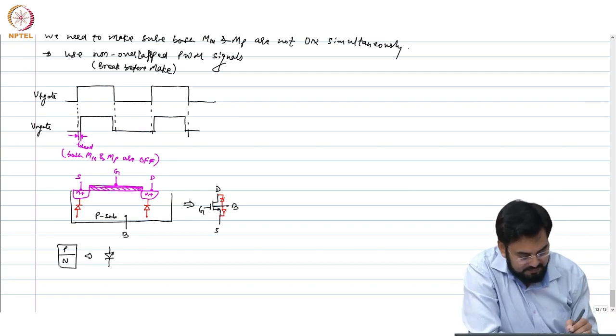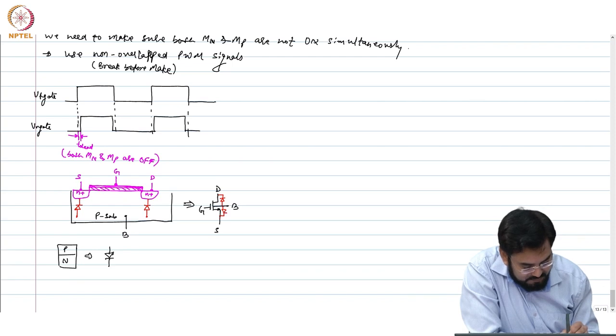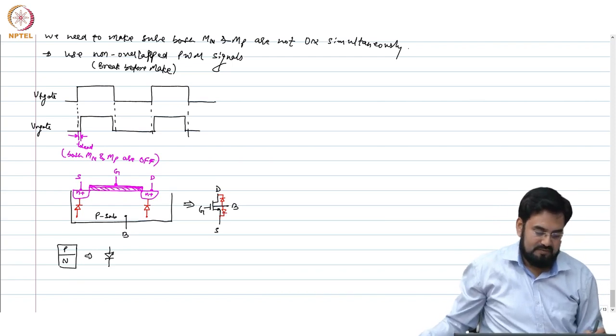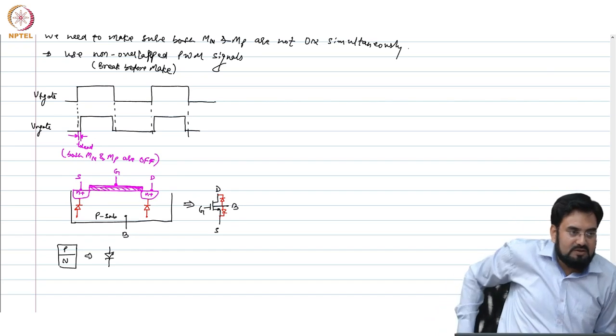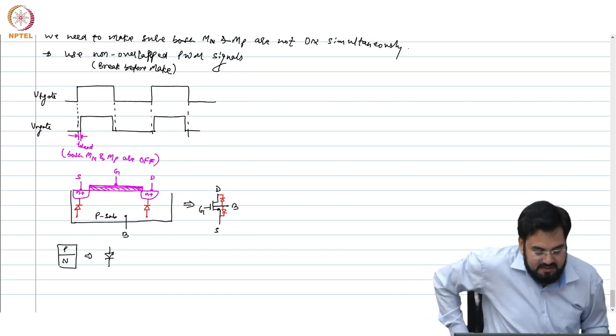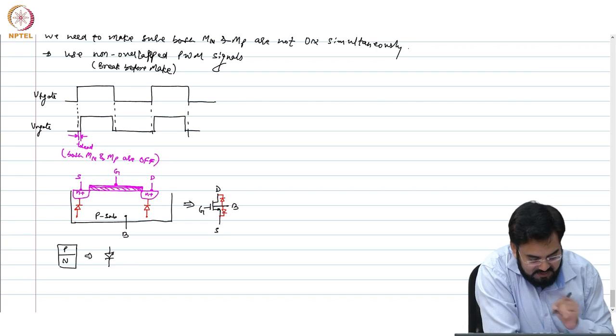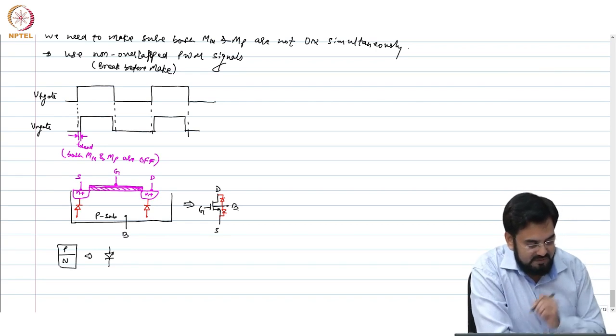Okay. So your P is common to both diodes, which is the substrate, which is your bulk or body.